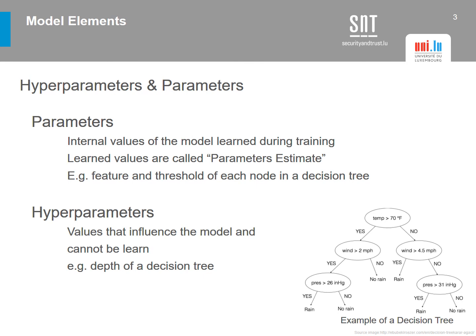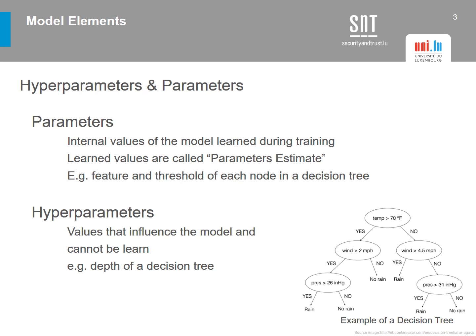Let's continue with parameters and hyperparameters. So, some elements of the model can be learned, but some cannot. The ones that cannot be learned are called hyperparameters. Hyperparameters are like the standard parameters in the sense that these are internal values that influence the model but cannot be learned.